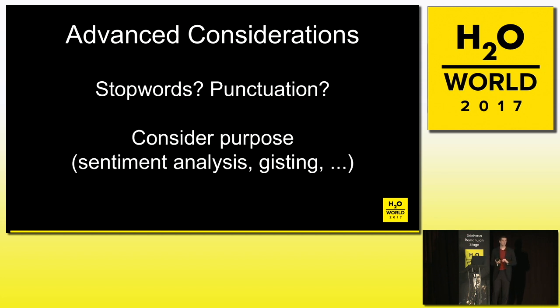Do you want to remove certain stop words? Stop words in NLP are very common words, things like a, the, it. And if you're doing, say, sentiment analysis or gisting of a document, they tend to have low value. They get in the way because words like the crop up so many times in a document, they're not really telling you much. The same goes for punctuation.